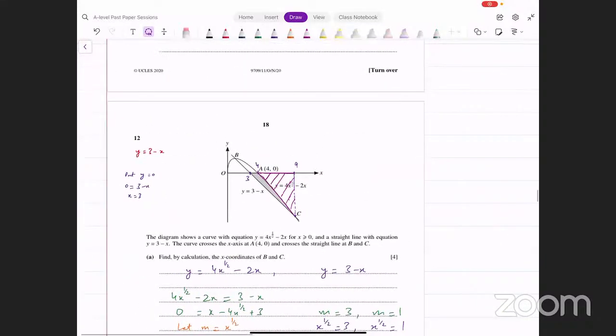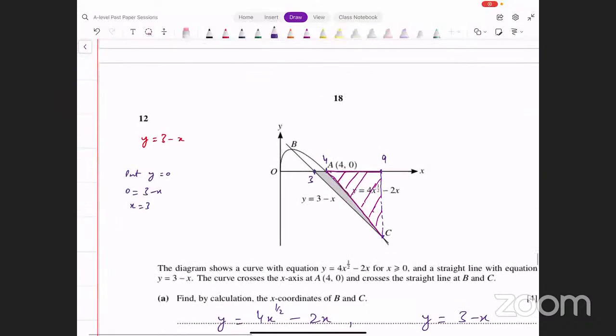Let's now input x equals 9 here. x equals 9 इनपुट करते हैं तो हमें क्या मिलता है? y equals 3 minus 9, y equals minus 6. का मतलब है जो ये वैल्यू है यहाँ पे, this should be minus 6. C का y coordinate, that is minus 6. That's what we've also figured out.